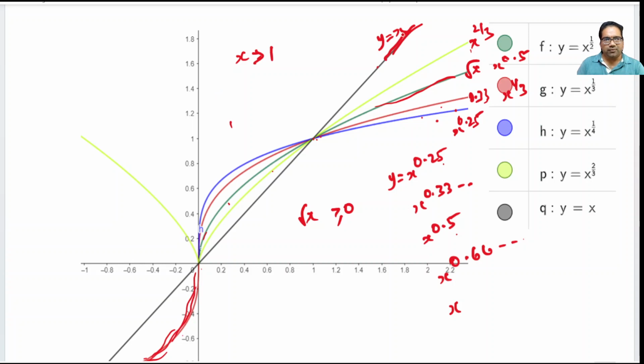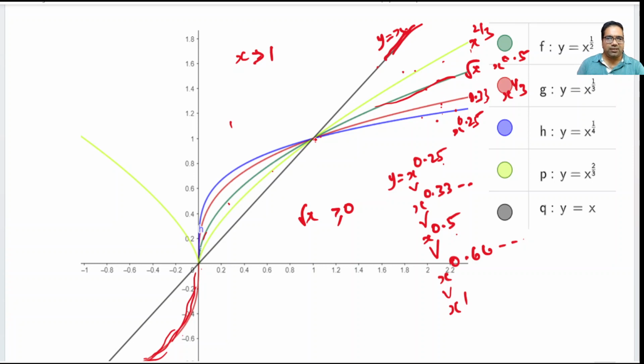So x power 1 is greater than this one, greater than this one, greater than this one. So when x is greater than 1, on the right side of the graph, y equal to x would be highest, then x power 2 by 3, then x power half, x power 0.3, x power 0.25, something like this.